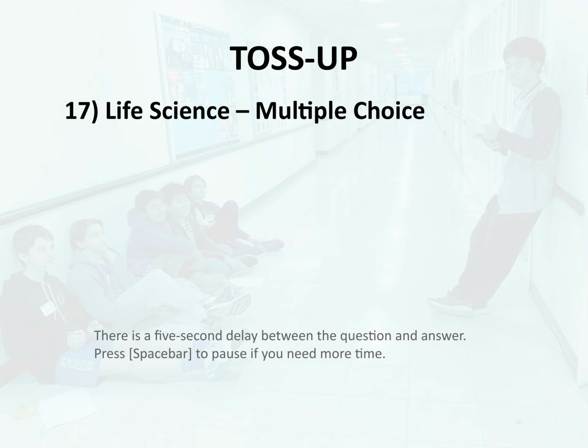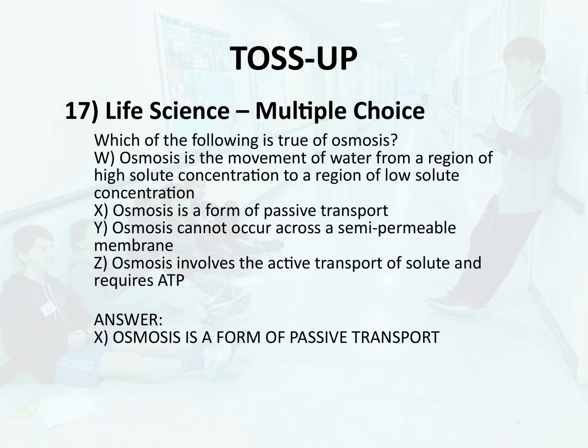Y. Osmosis cannot occur across a semi-permeable membrane. Z. Osmosis involves the active transport of solute and requires ATP. Answer: X. Osmosis is a form of passive transport.